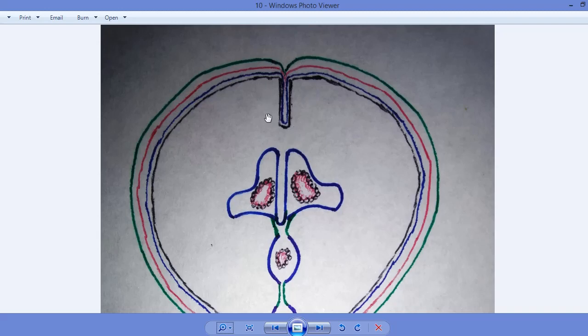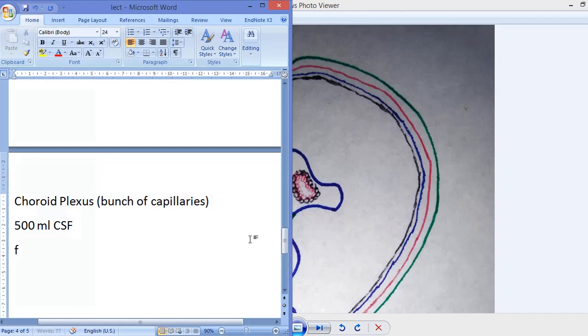This is the longitudinal fissure of the brain. Inside the longitudinal fissure of the brain, the dura mater is protruded into this area. The meningeal layer which protrudes into the longitudinal fissure is called the falx cerebri.